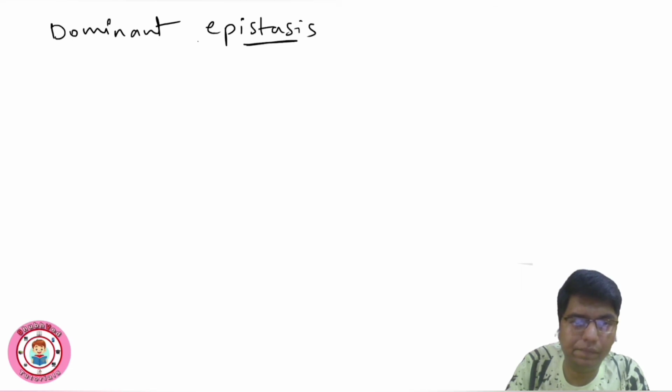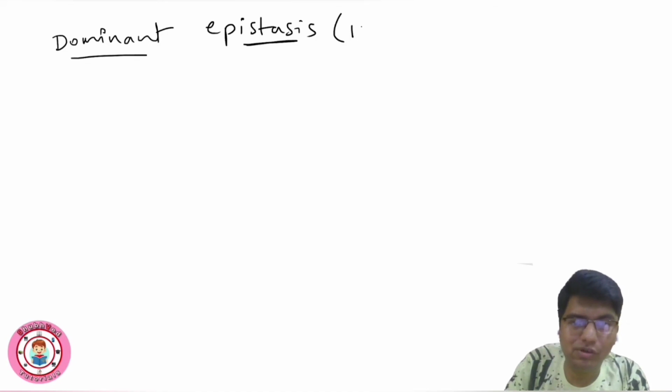Now the next example is the last one, dominant epistasis. The ratio is 12:3:1.